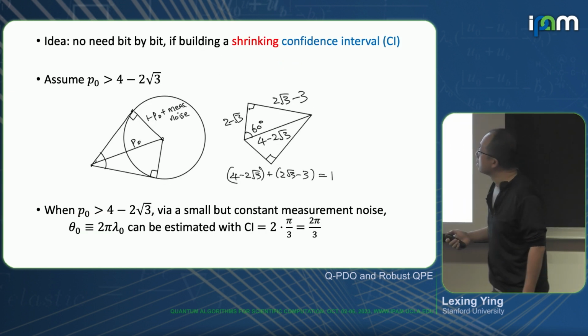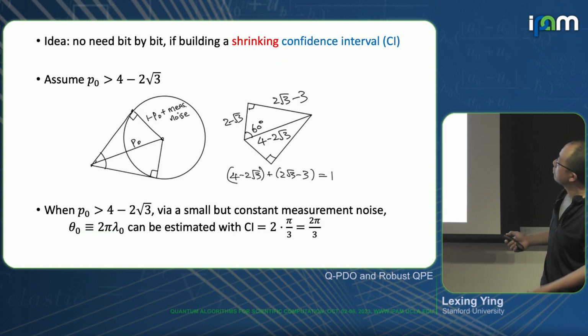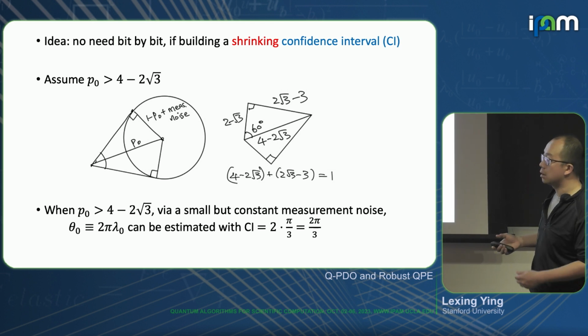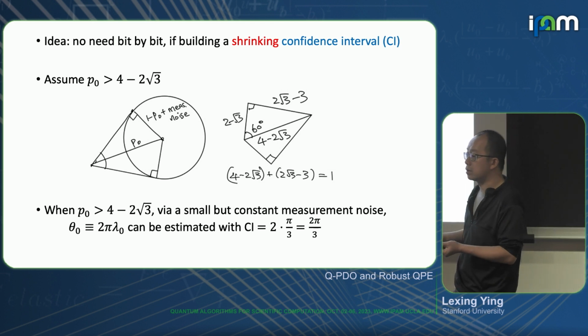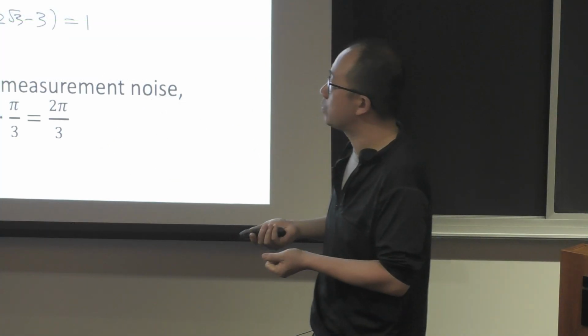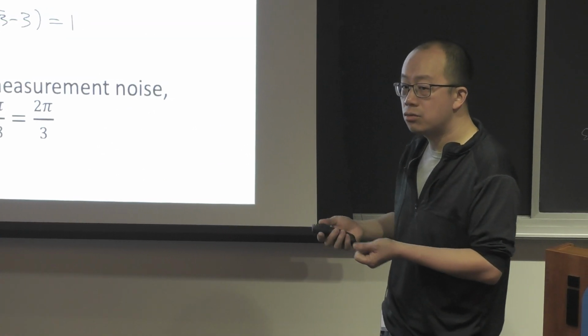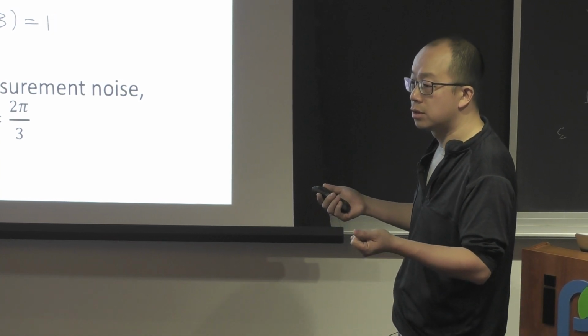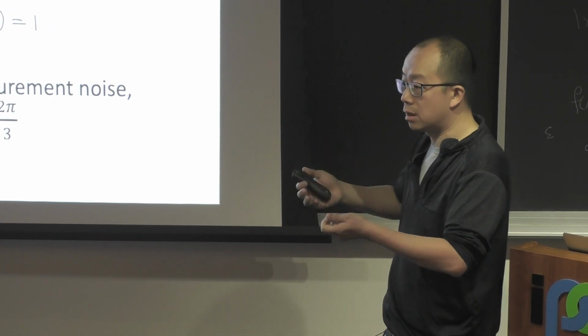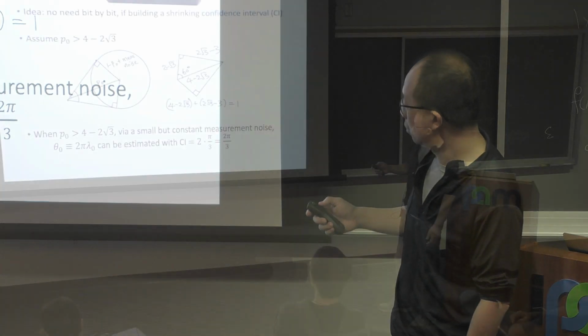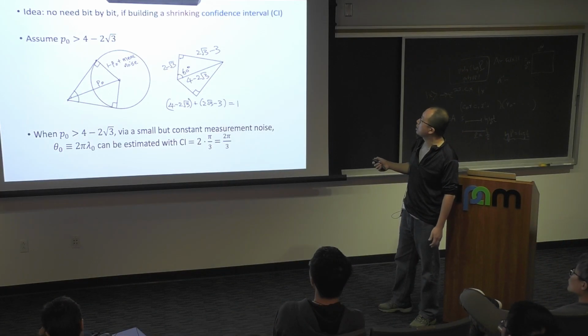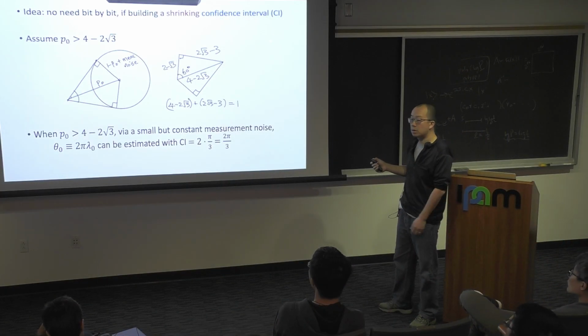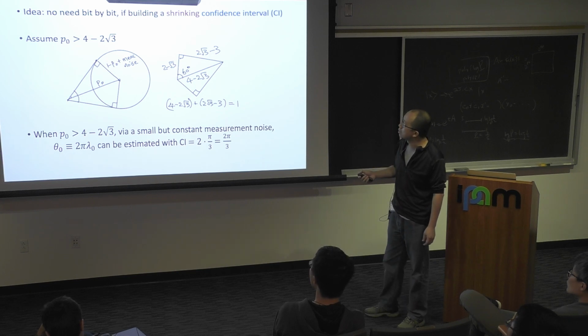The idea of robust phase estimation is essentially similar to the Kitaev algorithm, but instead of expanding bit by bit, you don't really need to respect this bit expansion of lambda, because at the end you only need a real number. So you can do any kind of bisection. The idea is to build a shrinking confidence interval. This concept has already appeared in the tutorial talk.